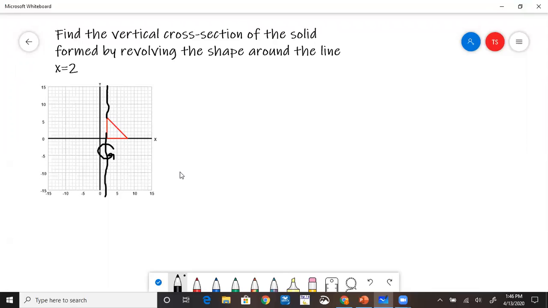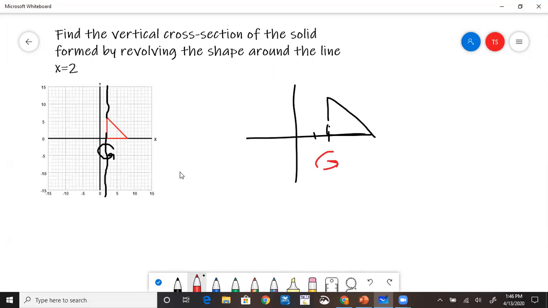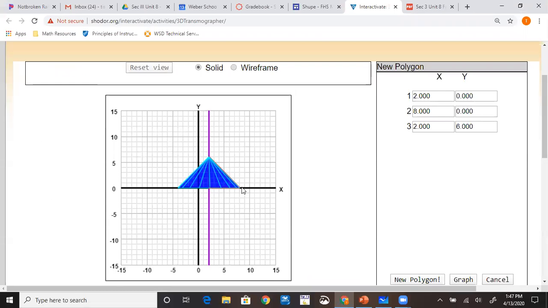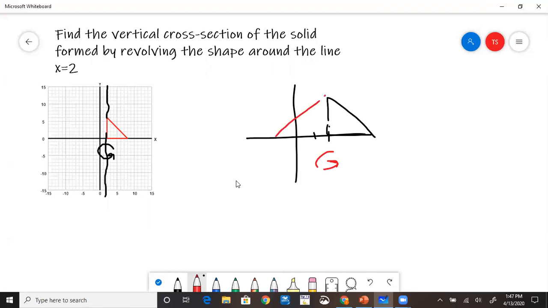So in essence, if I come back here, if I look at the original triangle, it looked something like this right here. And I revolved that around this line x equals 2. What I've done is I've reflected that over to this other side. So I had a distance originally here from 2 out to 8 of 6. So this distance was 6 right here. This new distance is also going to be a distance of 6.